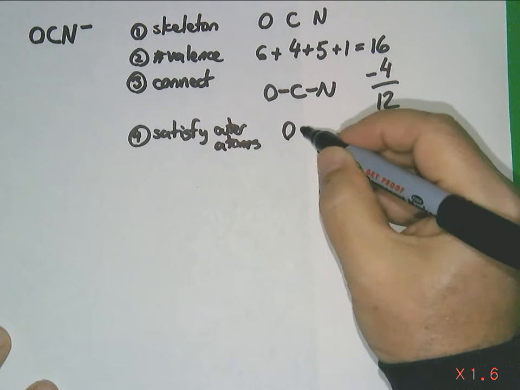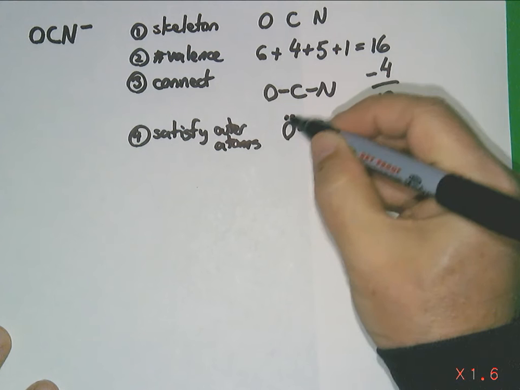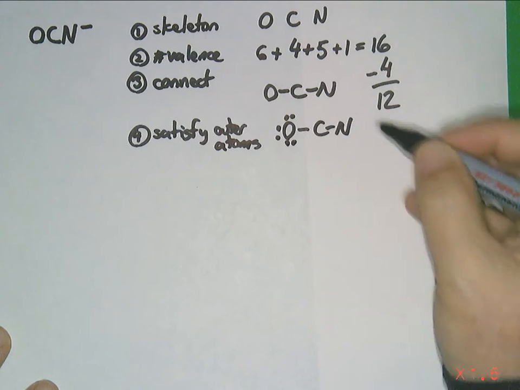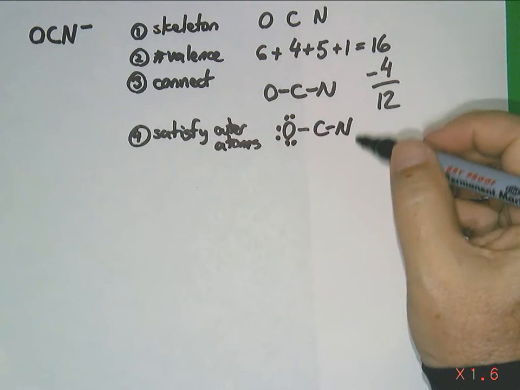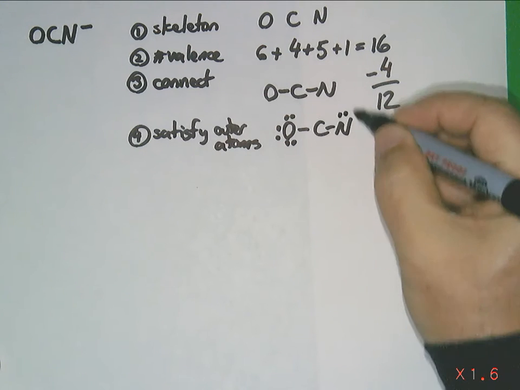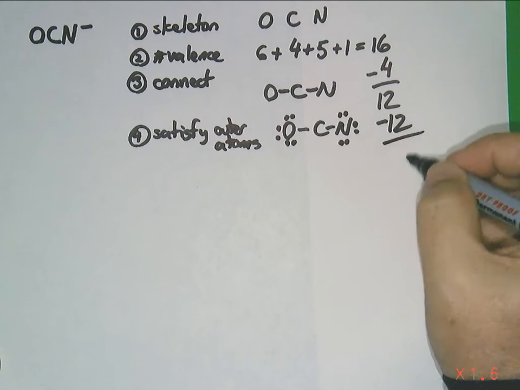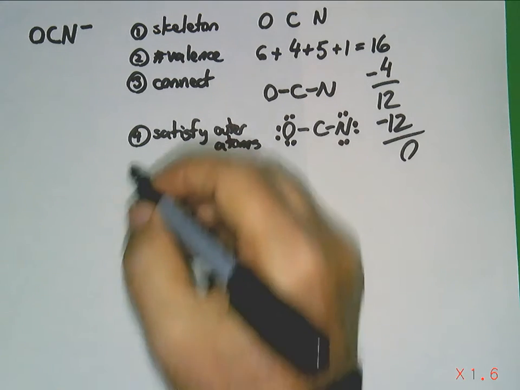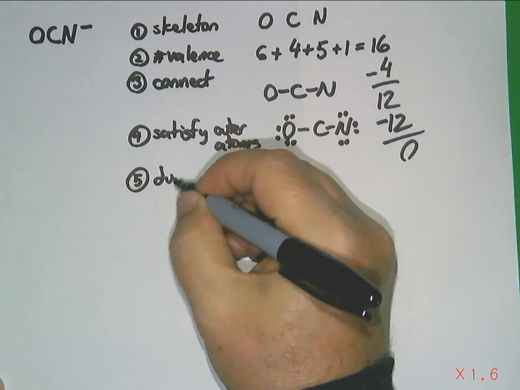Let's give it to it. 1, 2, 3, 4, 5, 6. The nitrogen wants 8, and it's got 2, so it wants 6 more. 7, 8, 9, 10, 11, 12. So in this step, I took away all my remaining electrons. There are no electrons in step 5 to dump.